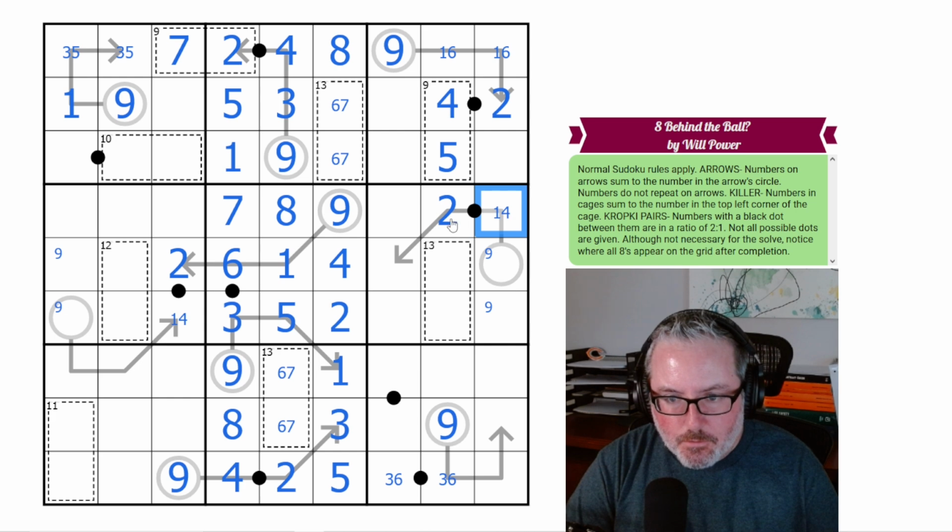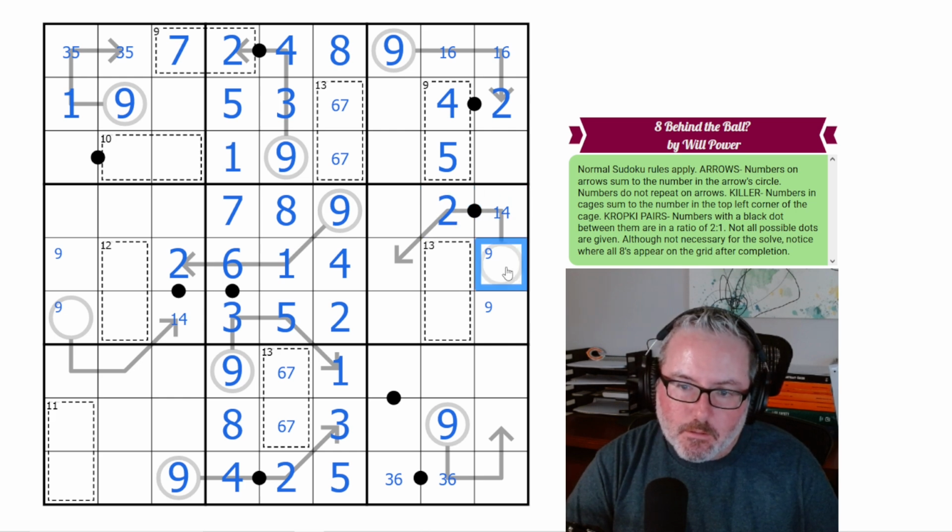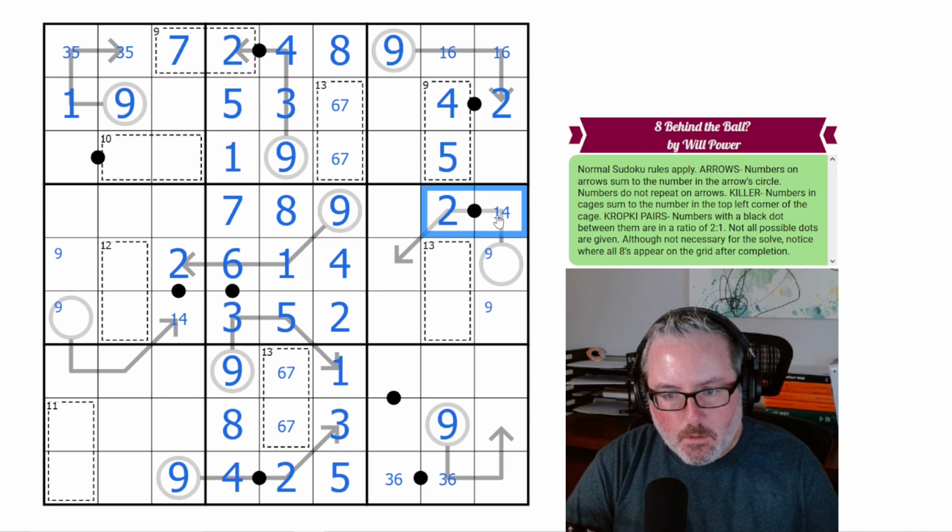Now, if this was 2, 1, well, I don't necessarily know if this is a 9, so I don't want to say that. If this was 2, 1, we'd have 3 there, this would have to be 5 and this would have to be 9, or 8, sorry.